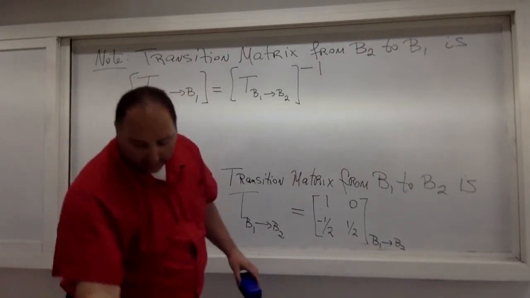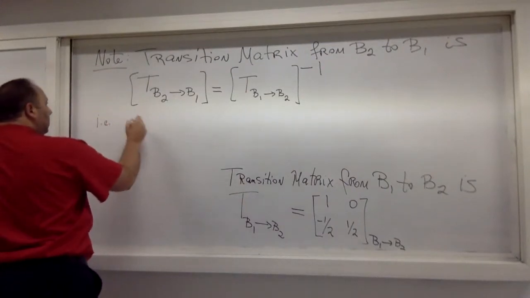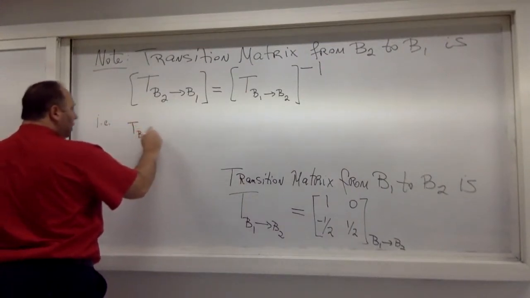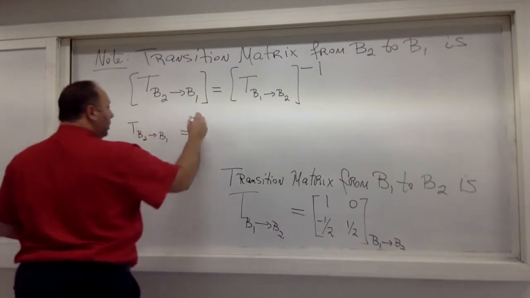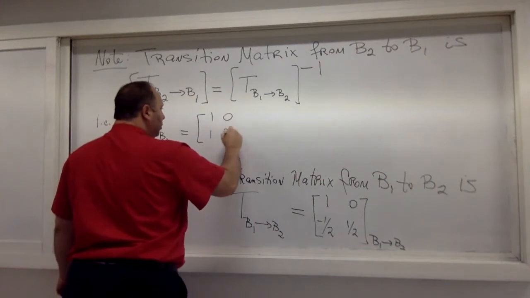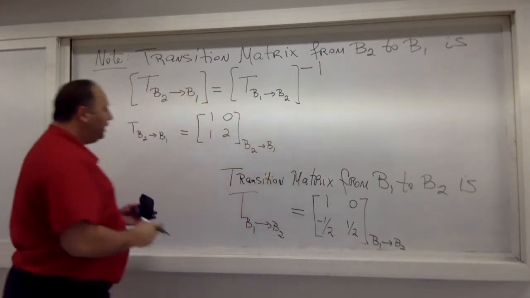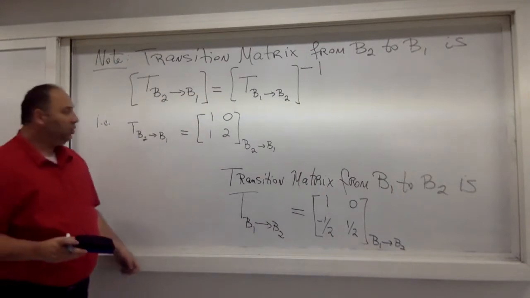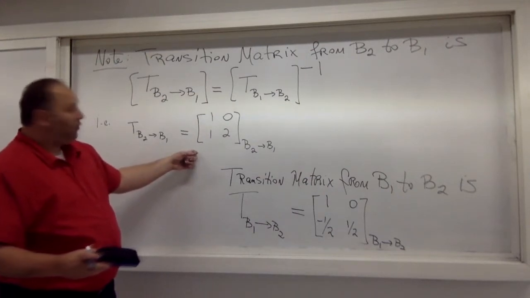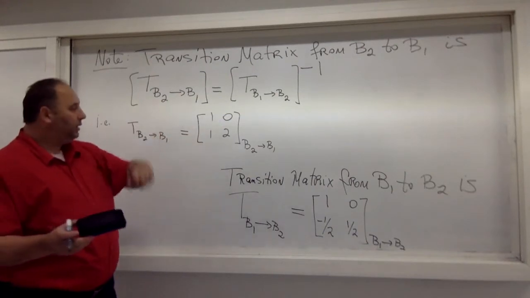Somebody computed the inverse, and the inverse is [1, 1, 0, 2]. So this is going from B2 to B1. If somebody gives you coordinates of a vector in basis B2, to find the coordinates of the same vector in basis B1, all you need to do is multiply it by this matrix.